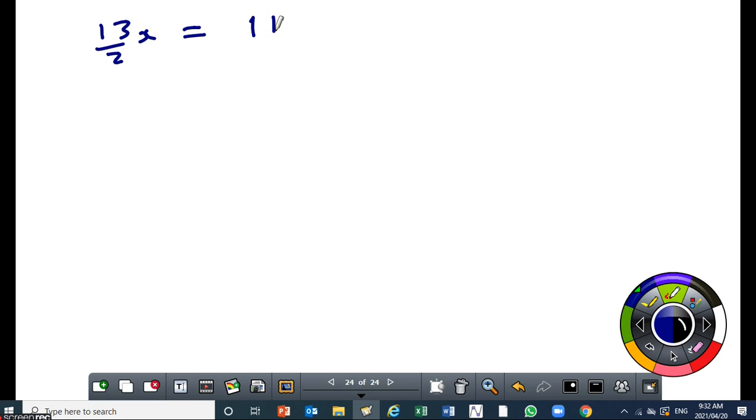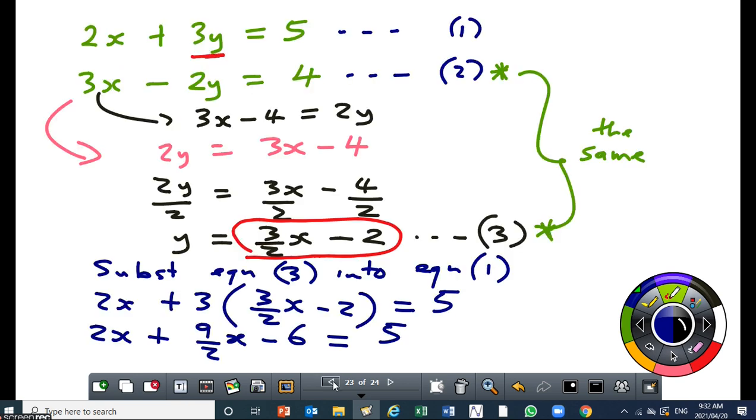Look here. 2x plus 9 over 2x. First, you get 6.5x. If you convert 6.5x to an improper fraction, you will end up getting 13 over 2x. Are you following that?